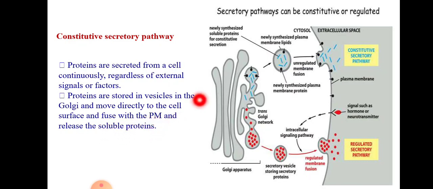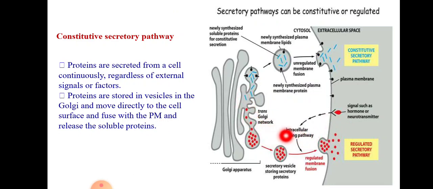Here we can see the trans face of the Golgi apparatus, where secretory vesicles are formed. Here we can see how it is formed and how the regulated secretory pathway happens.